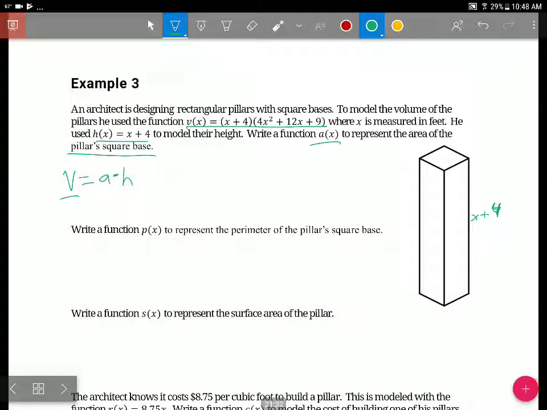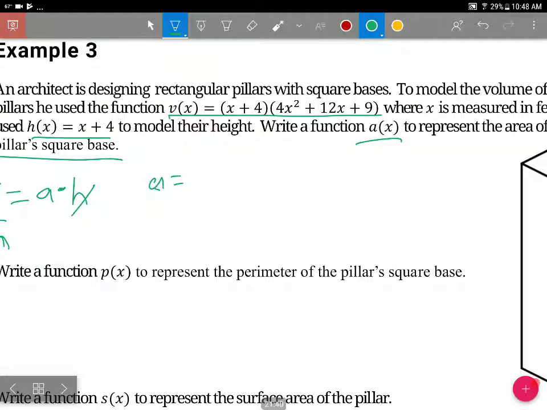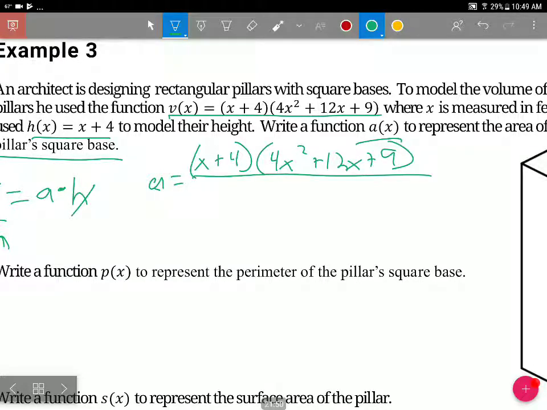Very good. So it's my volume, which is x plus 4 times 4x squared plus 12x plus 9, divided by your height, which in this case is x plus 4.